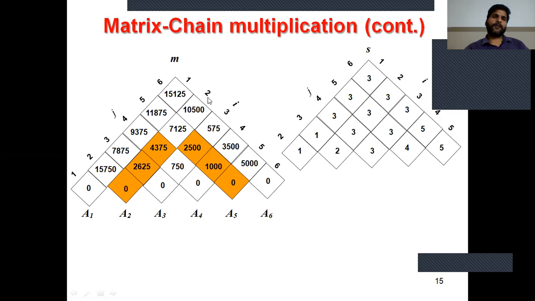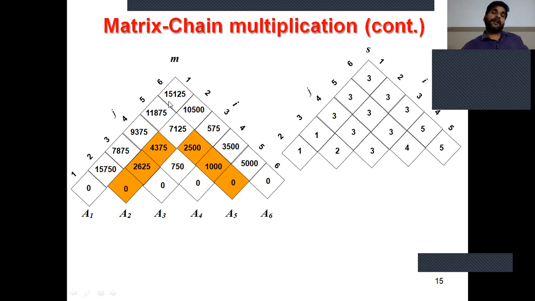The value of M[2,5] equals 7125. According to this, k runs from 2 to 4: k value 2, k value 3, k value 4. We calculate three values of M and find the least value equal to 7125. For M[2,5], the value of k equal to 3. This is the main calculation of the M matrix and S matrix.